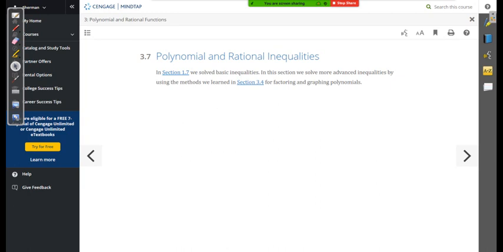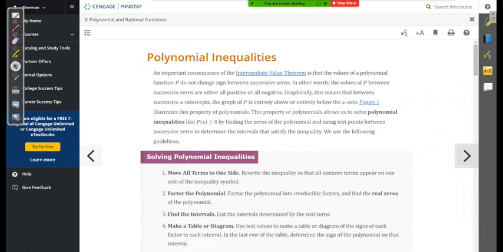Let's see. In section 1.7, we saw basic inequalities. In this section, we see more advanced inequalities by using the methods we learned in section 3.4 for factoring and graphing polynomials.